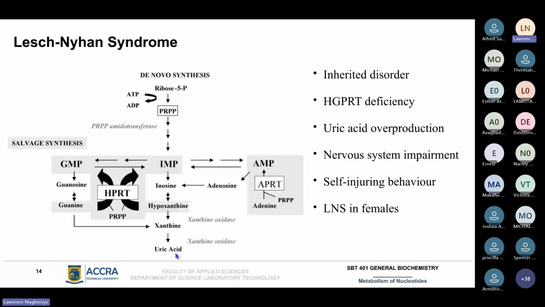Many of them will bite their fingers until they bleed, and they continue to bite. And in some very, very severe cases, some people even injure their tongues, they chew even their tongues and all of that. So you have that condition as the Lesch-Nyhan syndrome, also related to the metabolism of these purine nucleotides.